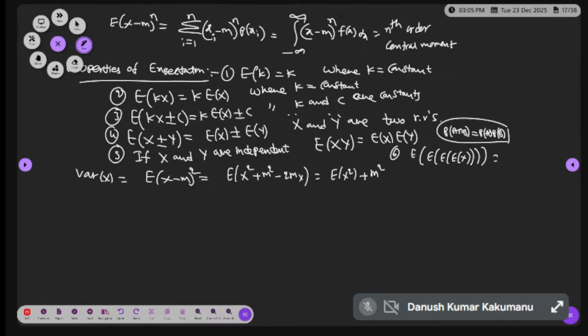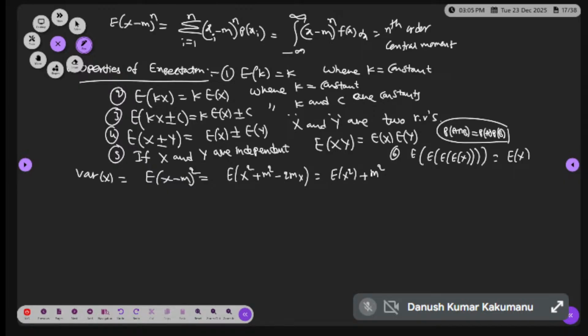What is the expectation of a constant? A constant. So what is the overall answer? E of x. Is it clear to all of you? Expectation of E of x is E of x. Very good. Some of you responded.